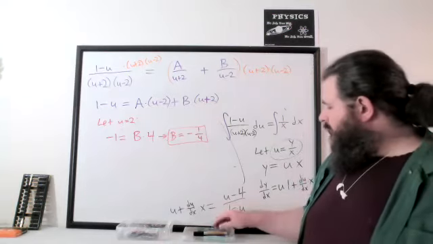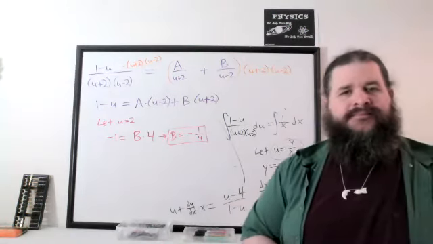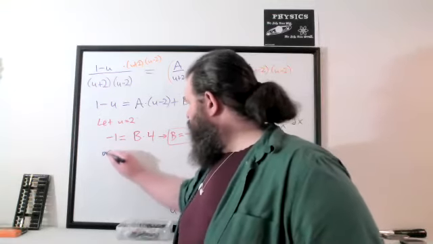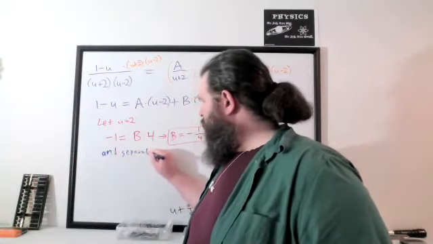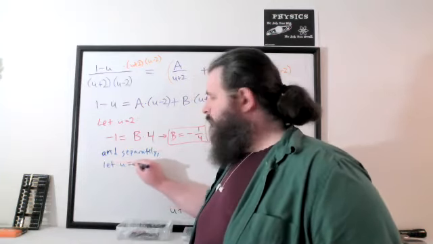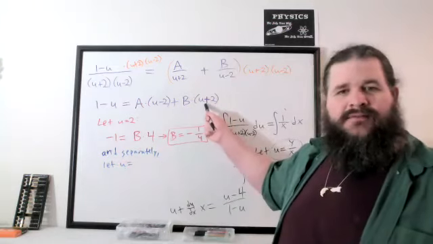Now, if we wanted to find the value of A, what other value could we plug in for u? What would make this term cancel out?